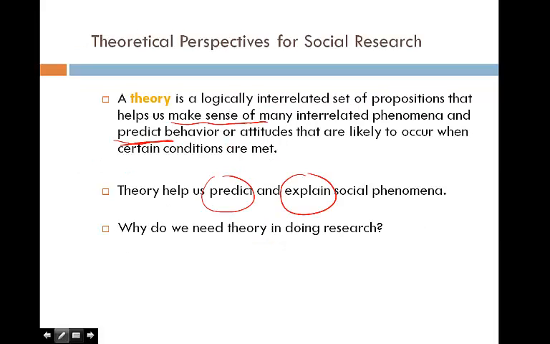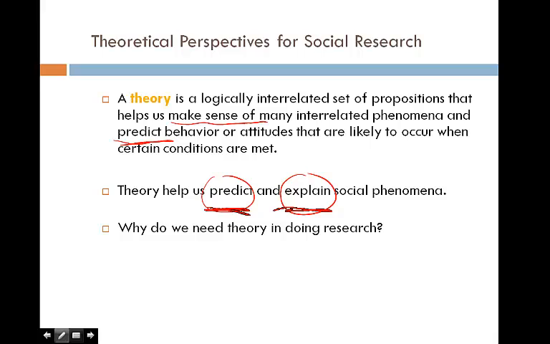Now let's change gear to talk about some critical concepts like theory. What is a theory? Theory is a logically interrelated set of propositions that help us make sense of many interrelated phenomena and predict behavior or attitudes that are likely to occur when certain conditions are met. Here, theory helps us predict and explain social phenomena.